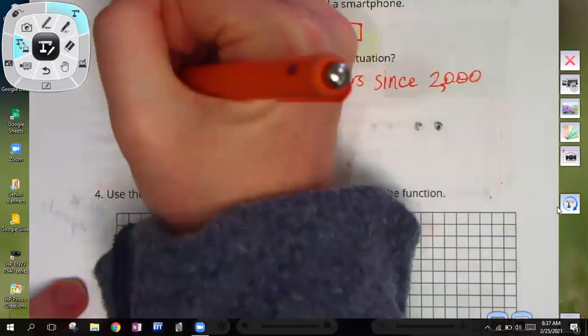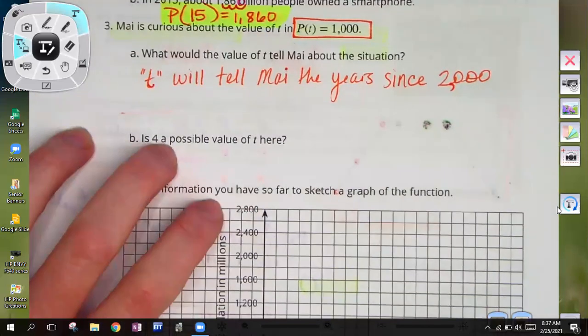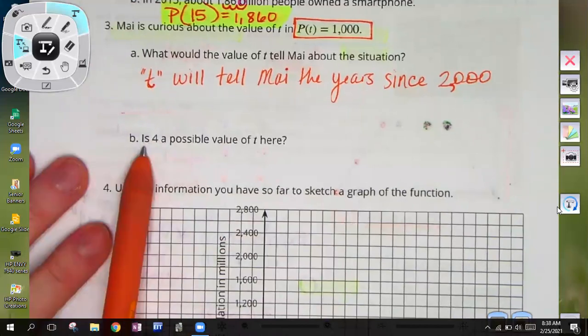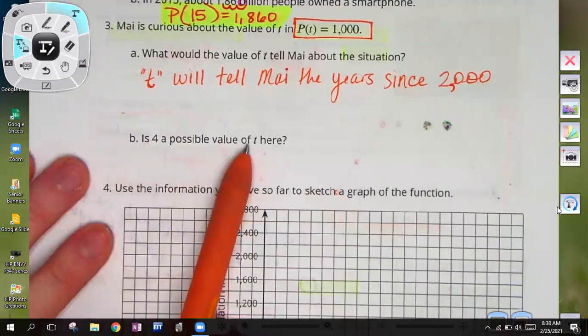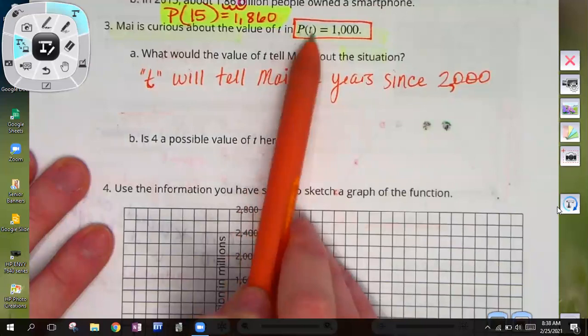All right. Now, B says is 4 a possible value of T. Listen, y'all need to really think before you just say an answer. We've got to think of our timeline of the phones and how many people had phones. So we're plugging it into this function.